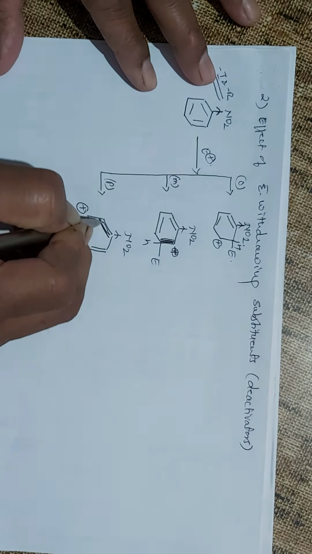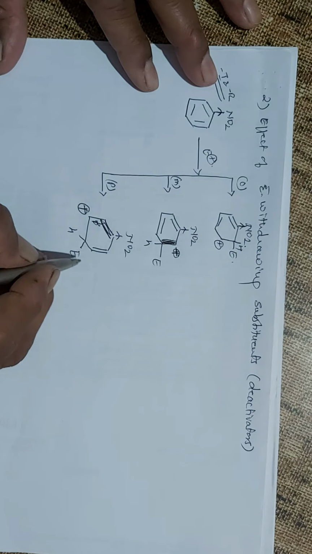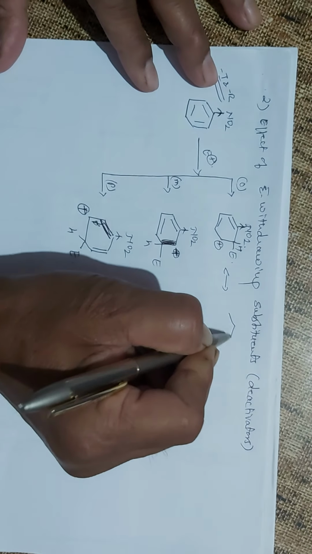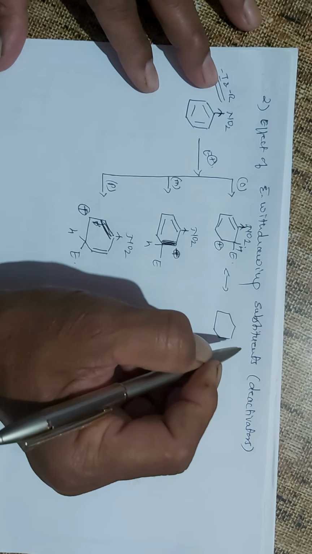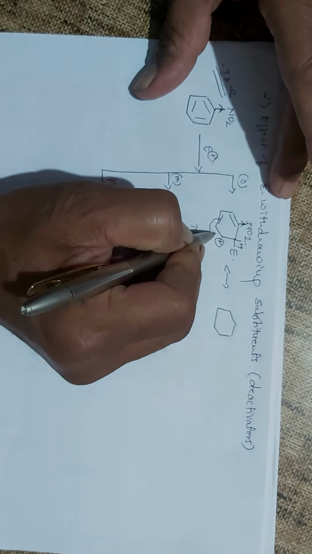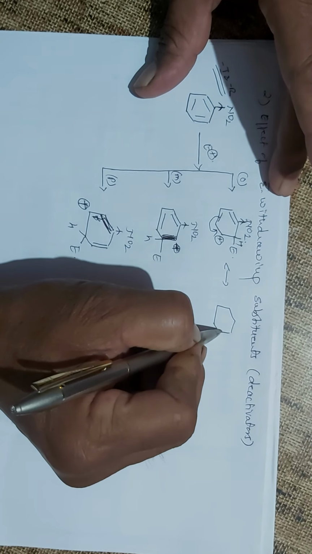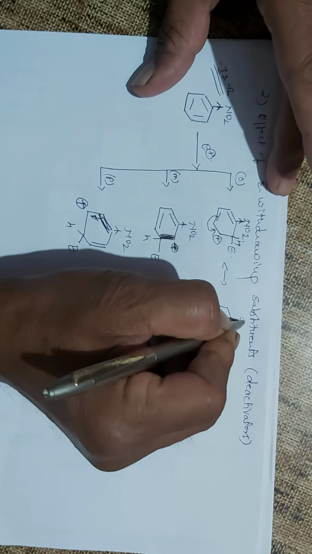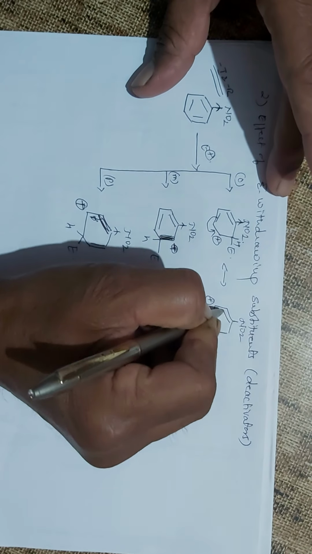So here it is a carbocation which is obtained when the substitution takes place at the para position. Again, draw all the resonating structures possible in the ring that we have drawn in the last reaction. So here this pi electron will shift here, and you will get the shifting of the positive charge from one carbon to another carbon.